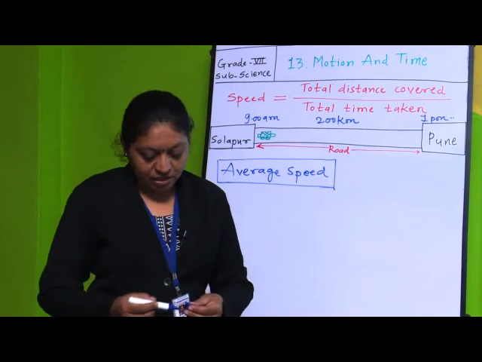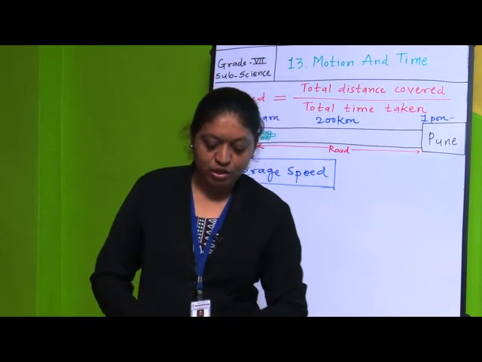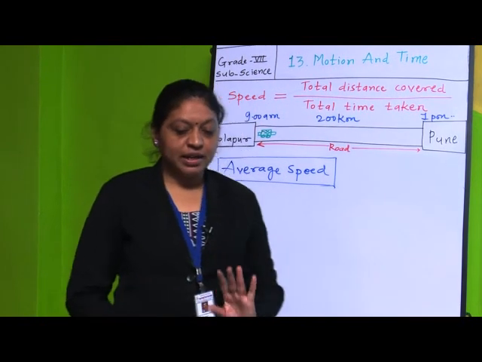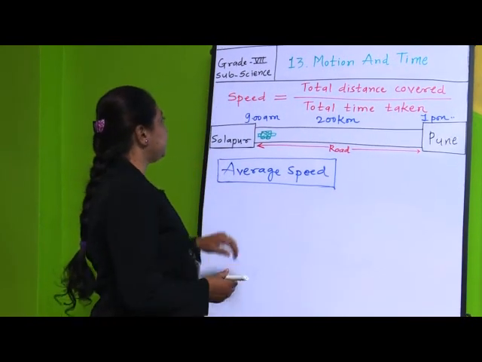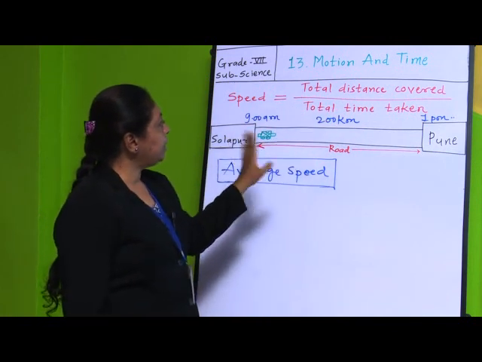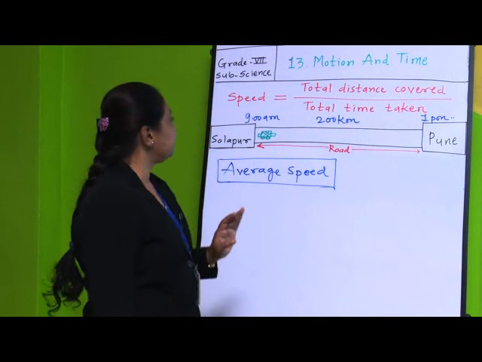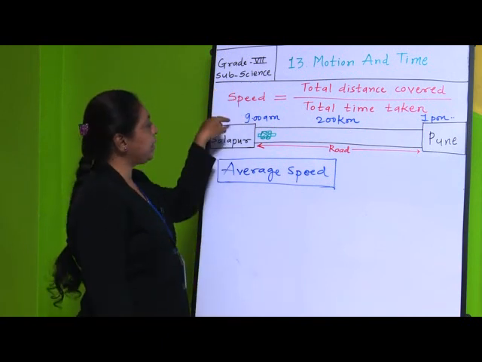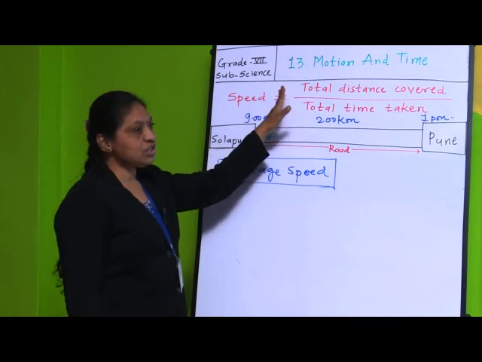So the definition given is that speed is the total distance covered divided by the total time taken. Now speed is equal to total distance covered divided by total time taken. Whenever we calculate or measure speed, we have to use this formula.